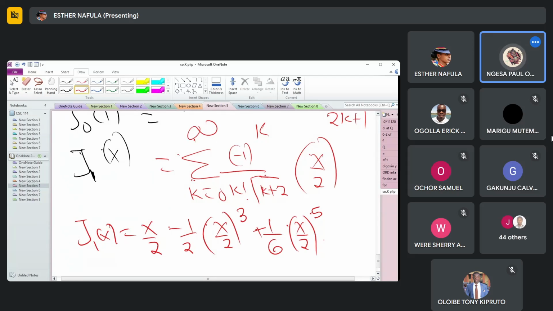Negative 1 over 24, x over 2 power 9. Is it 9 or 7? 4 times 2 plus 1, so 9.